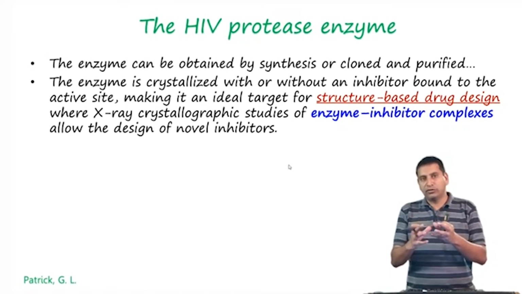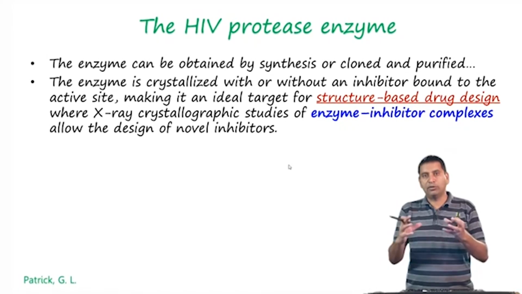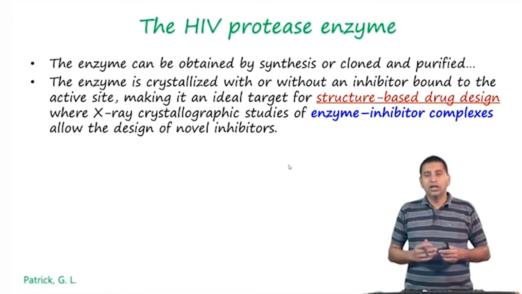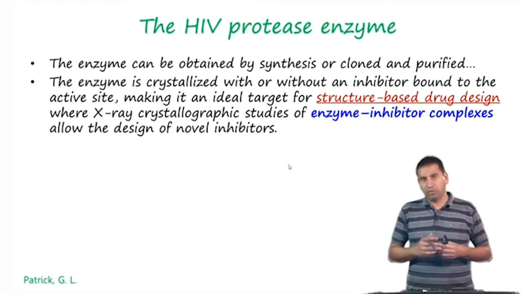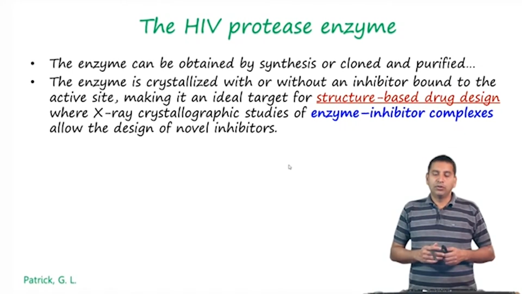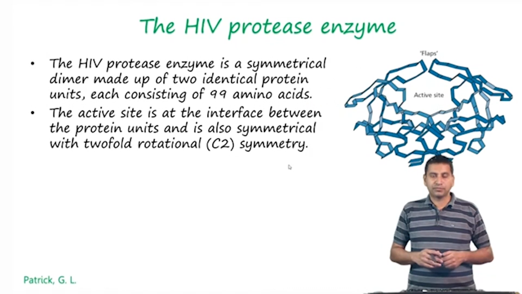So, now based on this we can have a good idea about what happens during the binding process and after it is bound. So, this kind of information provides an ideal vehicle for us to be able to carry out structure based drug design. So, using this we would be able to design novel inhibitors.